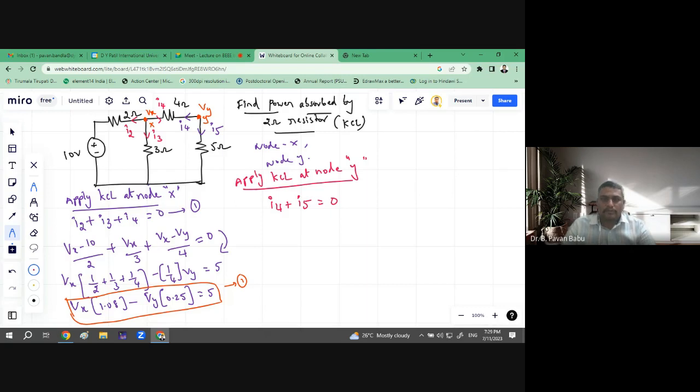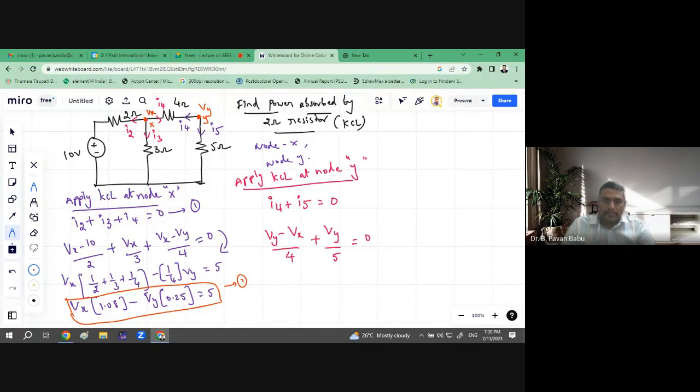I4 is the current flowing through the 4 ohm resistor connected between nodes Y and X, so it becomes (Vy minus Vx) by 4, plus I5, the current through the 5 ohm resistor connected between Vy and 0, so Vy by 5, equal to 0.